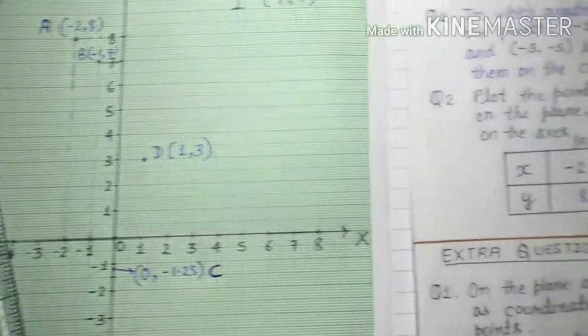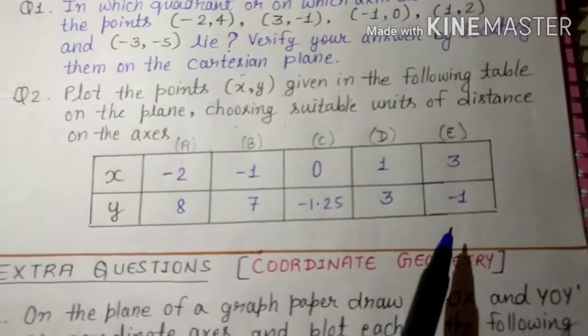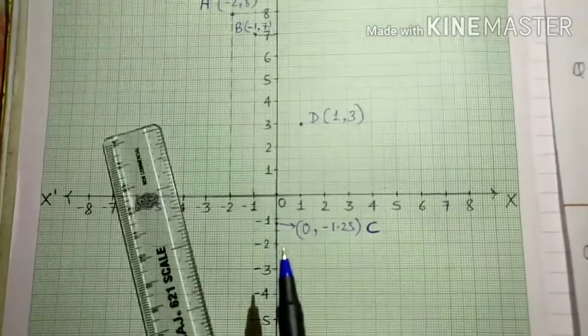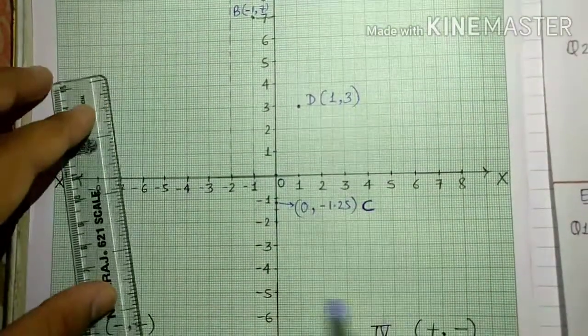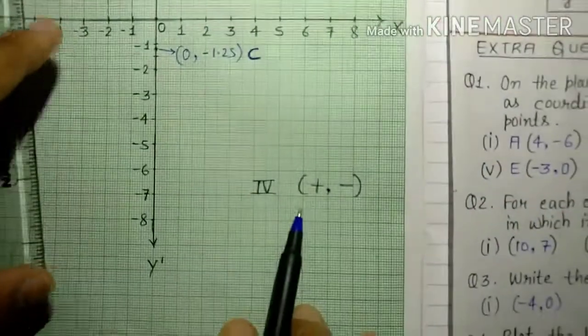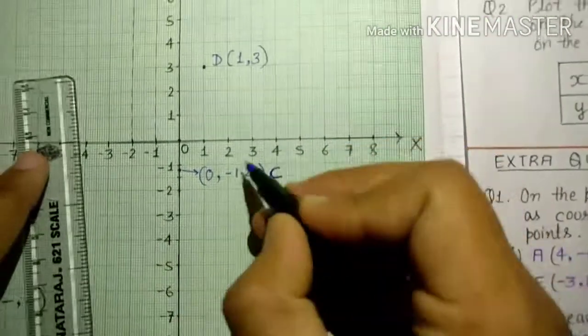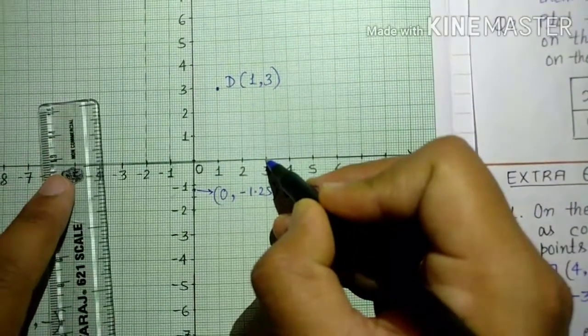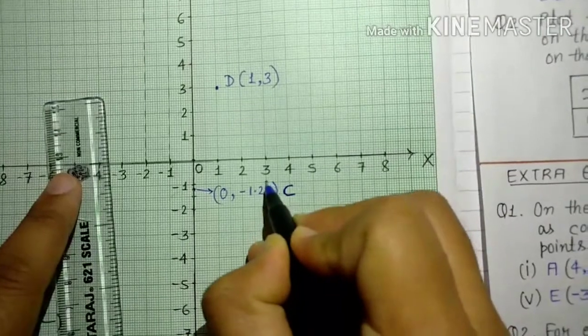Next point, 3, minus 1. Now 3 is positive, the other one is negative. It means plus minus. So where does plus minus come? Here only. The number is 3, minus 1. So there is 3 as the x value, and where is minus 1? This is minus 1. So they meet at this point.